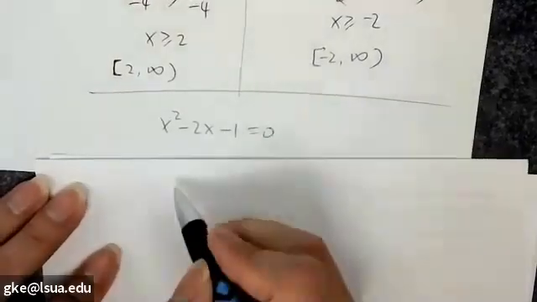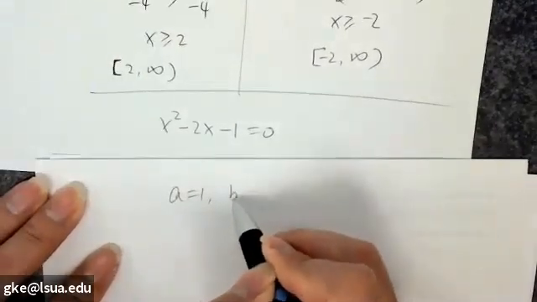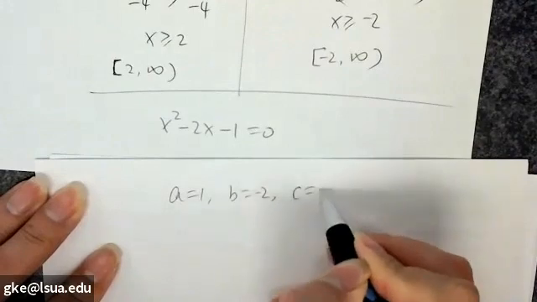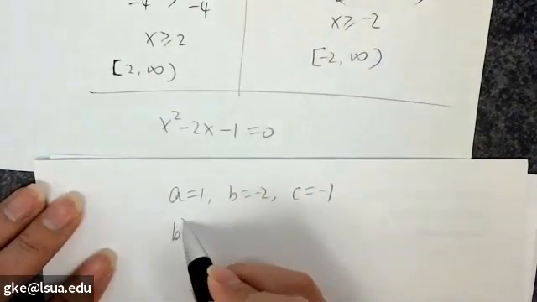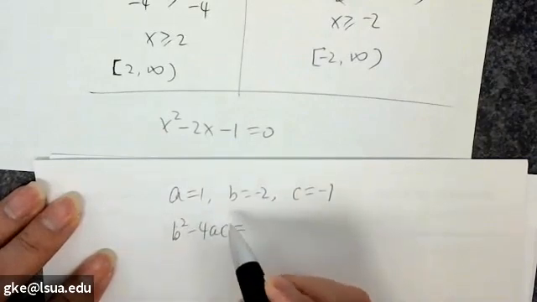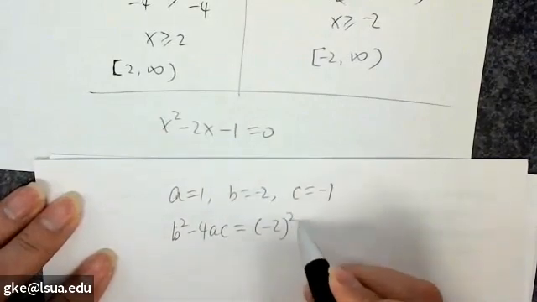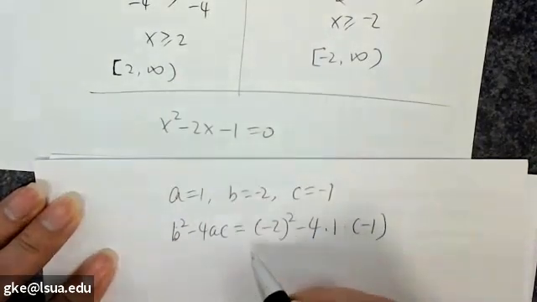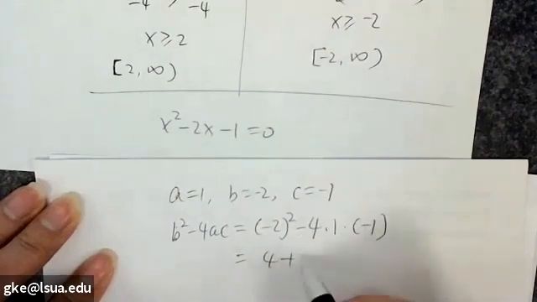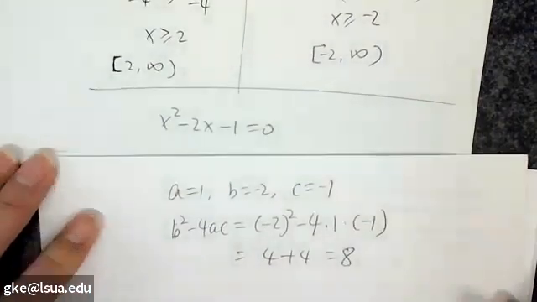So here, a equals 1, b equals -2, c equals -1. That means b squared minus 4ac is -2 squared minus 4 times 1 times -1, right? And this comes to 8.